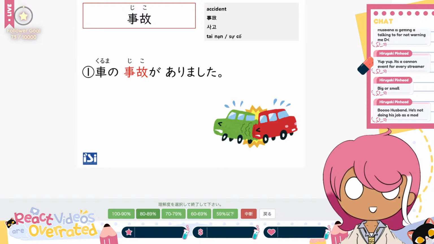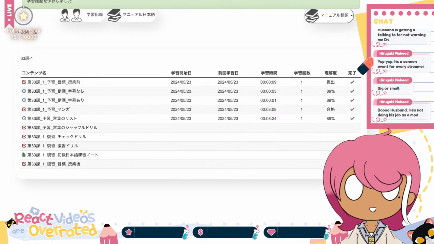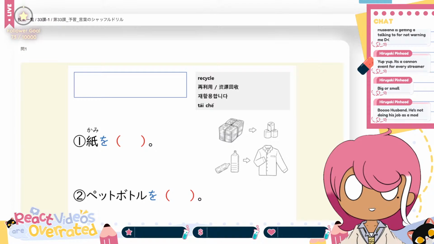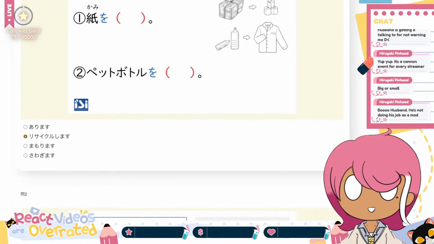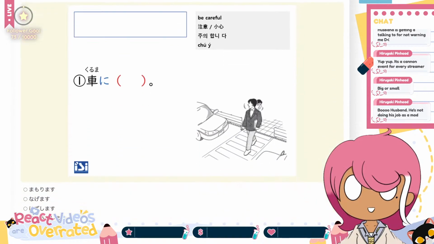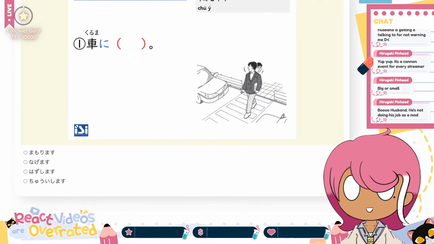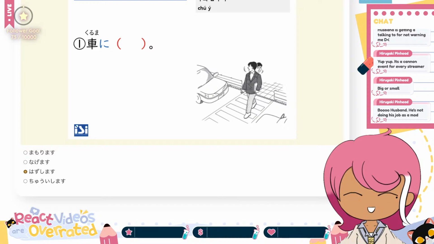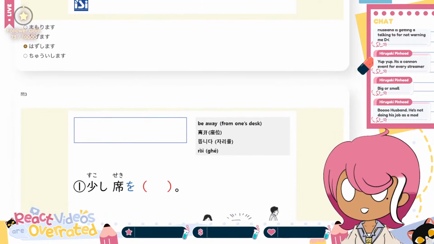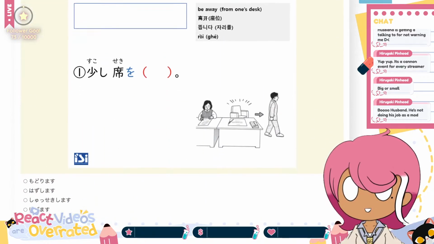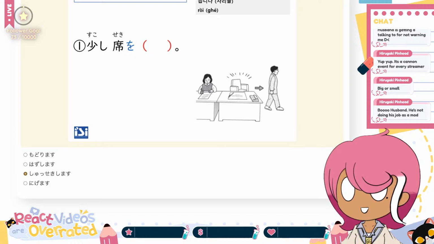I'm gonna say I probably know about 80% just going through that. Oh, this one's easy. Recycle します. Be careful. 外し, I think. I'm gonna say no. I'm gonna say 外し, guessing. Be away. 出席.